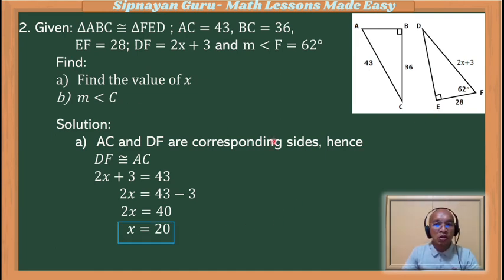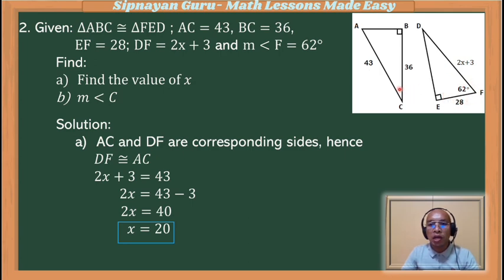Now, what is the measure of angle C? Angle C is the corresponding angle of angle D. In the second triangle, this angle measures 90, and this angle is 62, which is given. The sum of the three angles of this triangle, or of any triangle, is equal to 180 degrees.